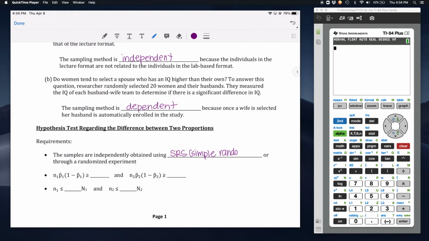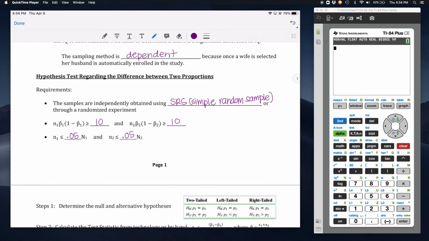Think about words like survey, we know that's going to be random. We know that n times p times 1 minus p has to be greater than or equal to 10. The only thing here is you've got to check it for both proportions you're looking at. So you have two separate samples we're going to check it for. And these samples have to be less than 5% of the population.